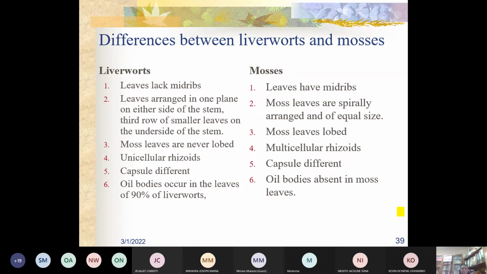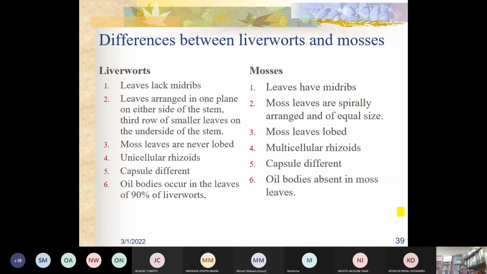Okay, this is something for you to look at, some of the differences between liverworts and moss. You can also do a table like this and show the hornworts and liverworts, what are their differences, and then also between the hornworts and moss.